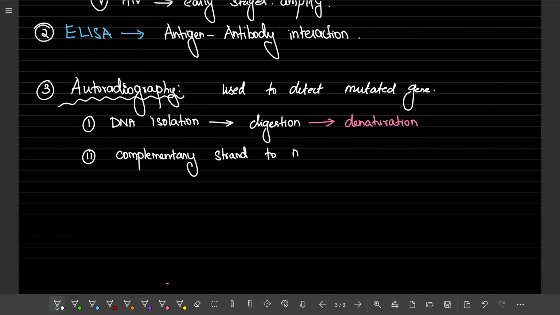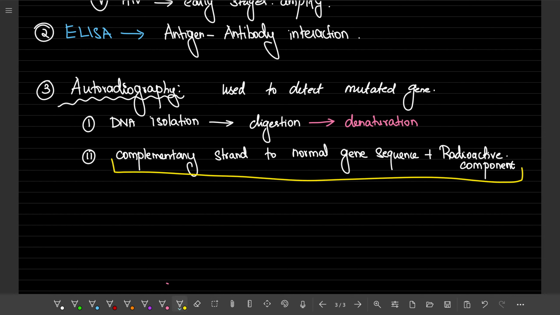A strand complementary to the normal gene sequence, along with radioactive phosphorus or sulfur, or sometimes iron.